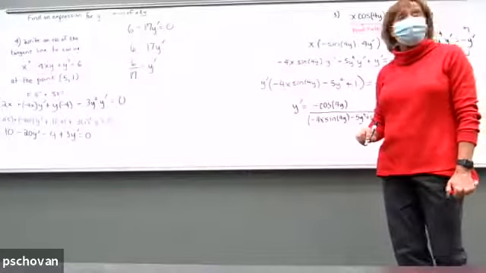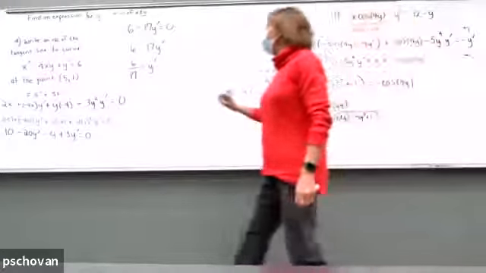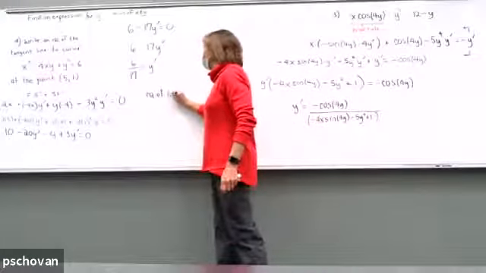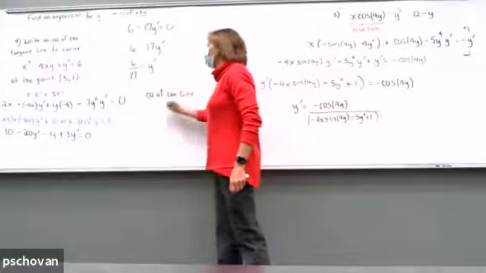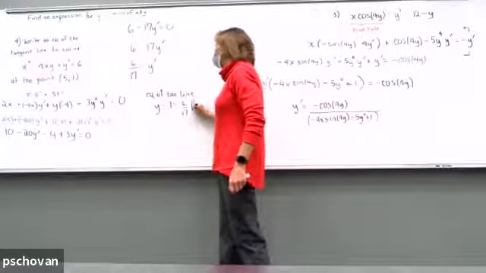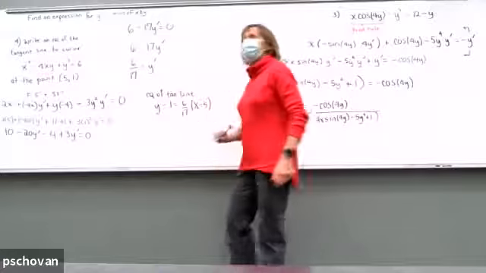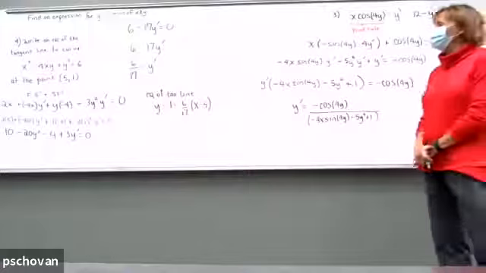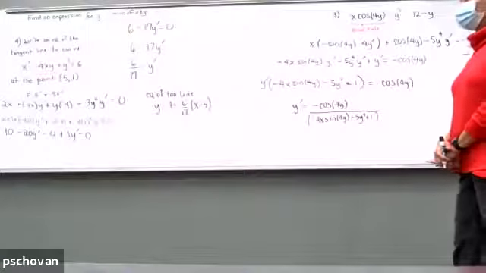That's still interpreted as the slope of the tangent line. So the equation of the tangent line is y minus 1 is 6 over 17 times x minus 5. Y minus y1 is equal to m times x minus x1.